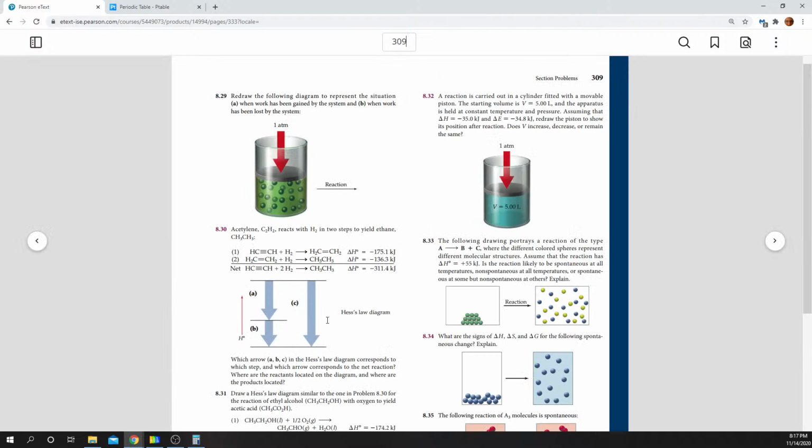Yes, okay, so delta E is negative 34.8. Delta H is, okay. So P delta V is negative 0.2. Delta V equals, constant temperature and pressure, so it's still at 1 atmosphere.